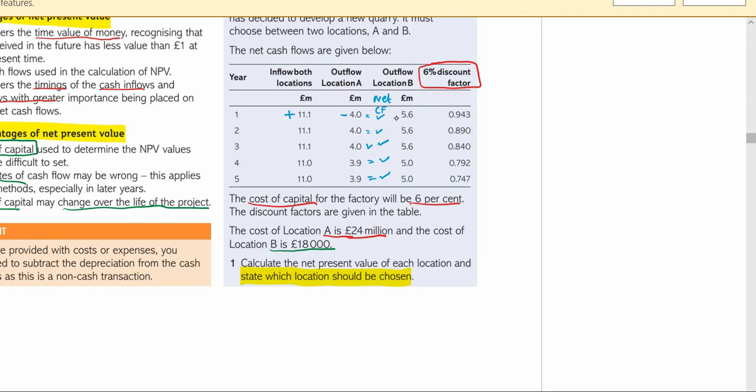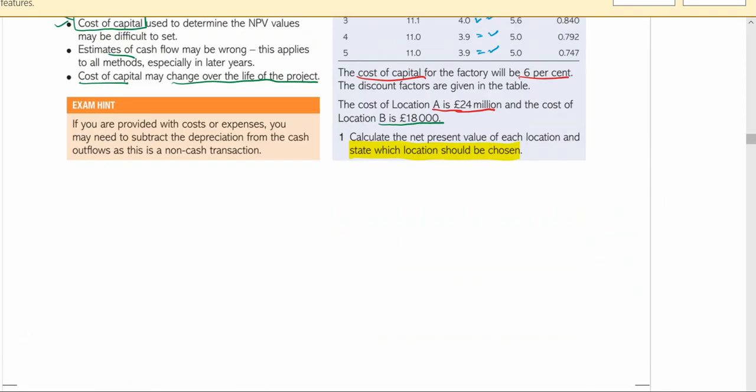So we may calculate the net present value of location B. Okay, so this is your homework.